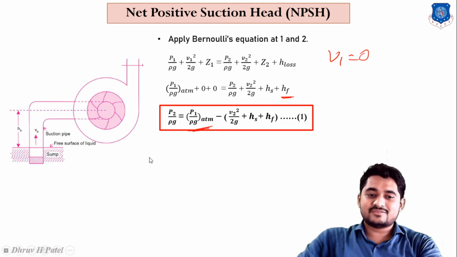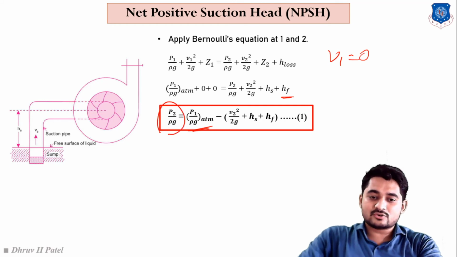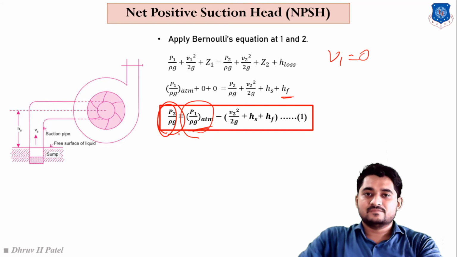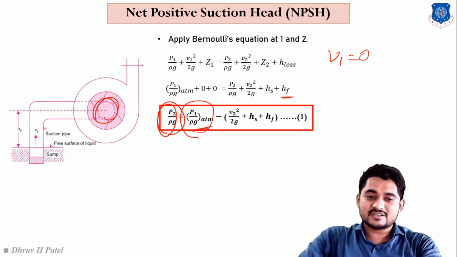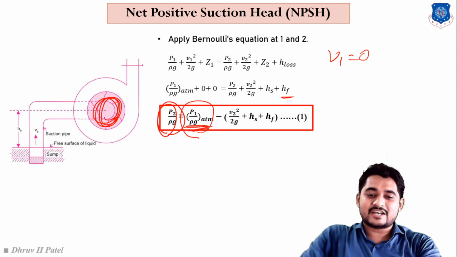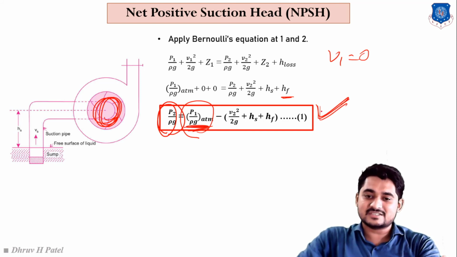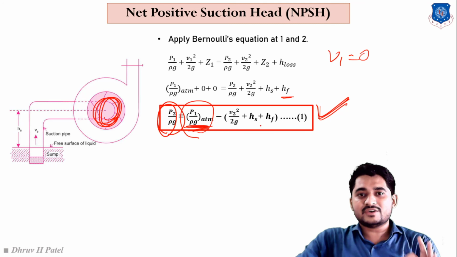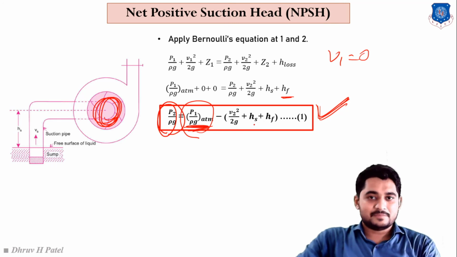So from this derivation, we can say P2 by rho g is always less than P1 by rho g. That means the inner pressure of the pump will always be less than atmosphere pressure. Clear students? From this equation, we can say the center pressure of the pump will always be less than the atmosphere pressure, right?